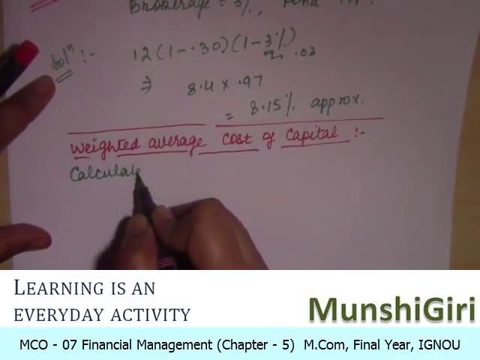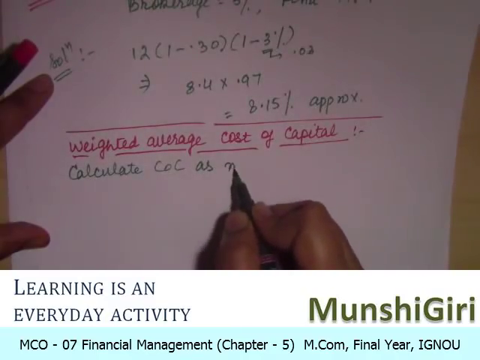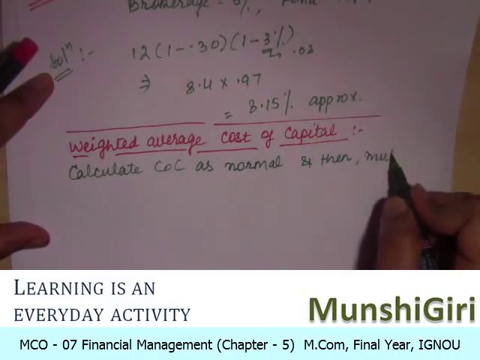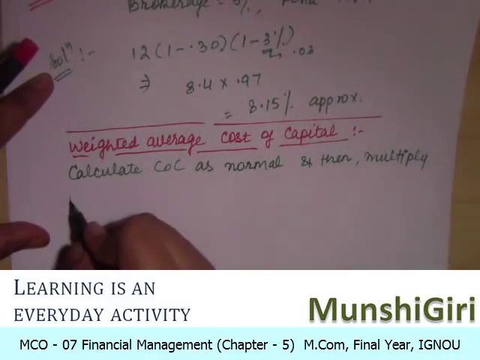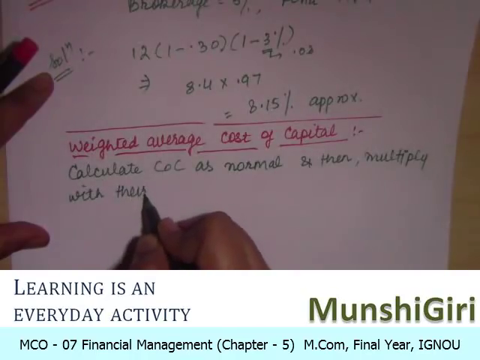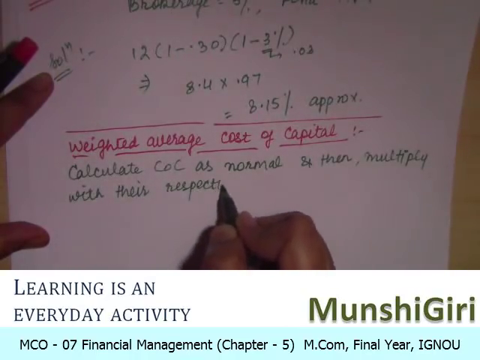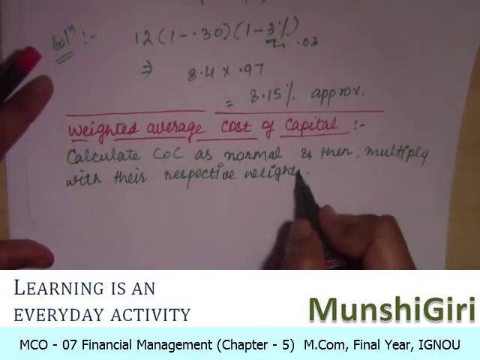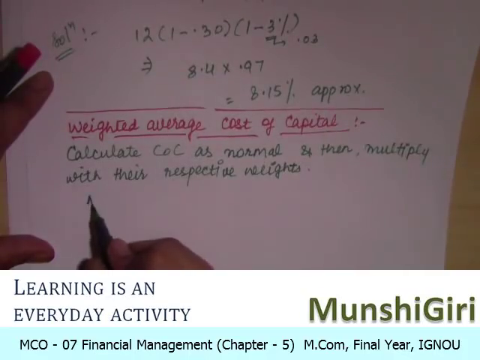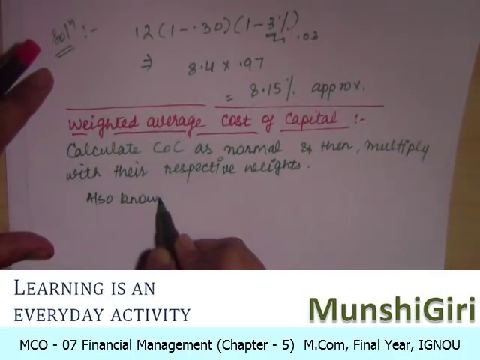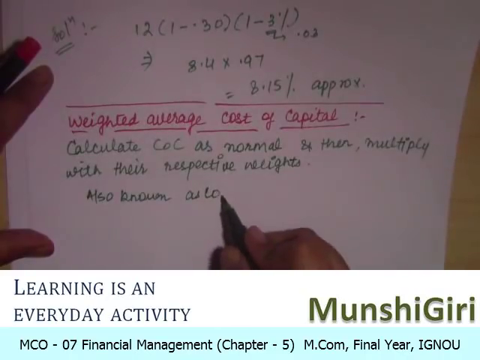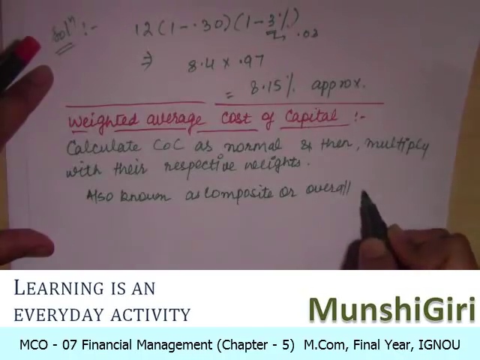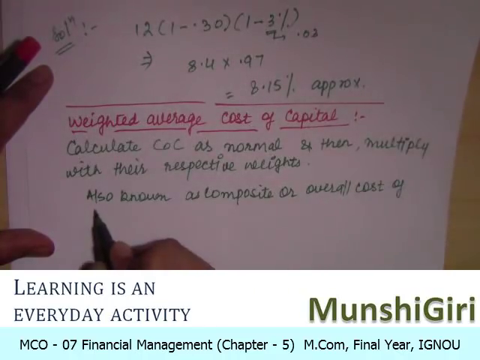Calculate the cost of capital as normal and then multiply with their respective weights. This will give you weighted average cost of capital, also known as composite or overall cost of capital.